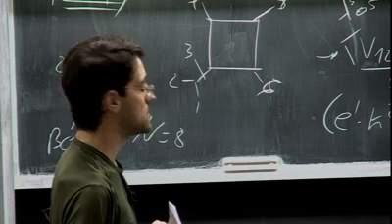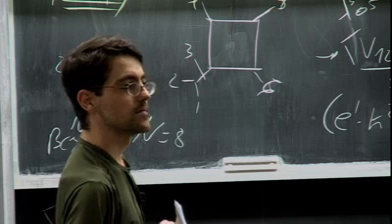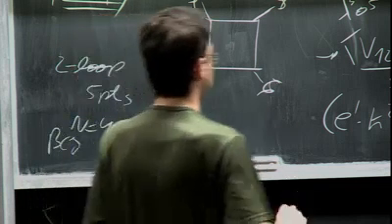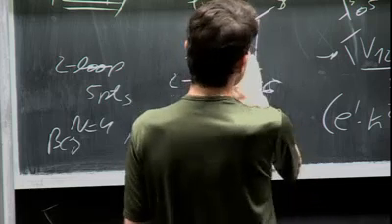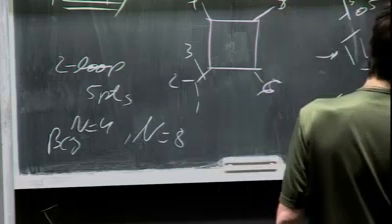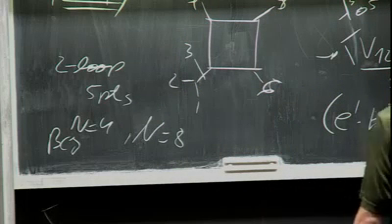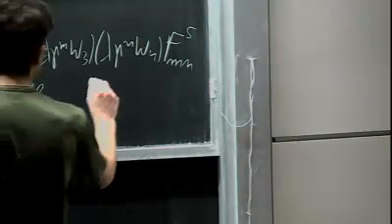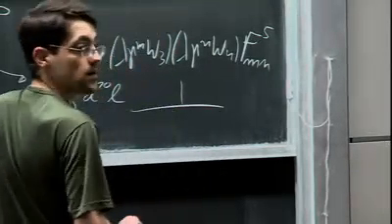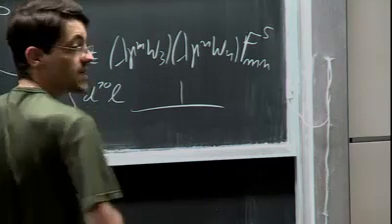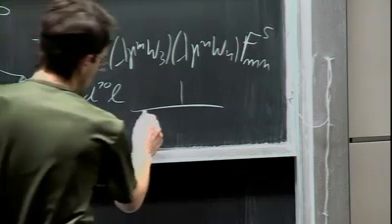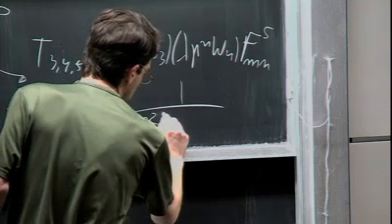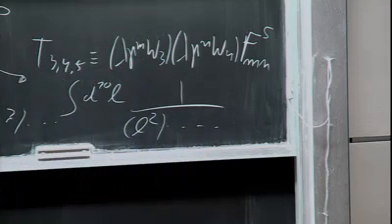But in 10 dimensions, you're doing 10 dimensional loops. Oh, okay. No, yeah. I forgot to say that there is a loop momentum integral associated to this. It's the kinematic part of the integrand, and then you have the loop momentum part here.